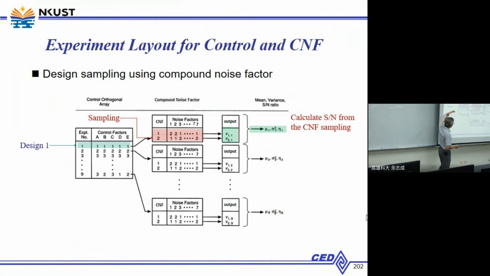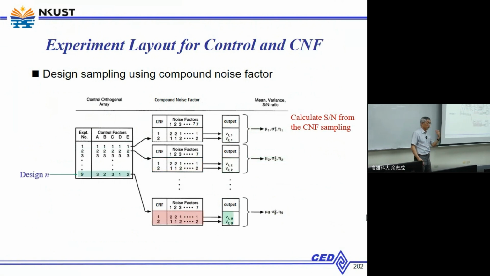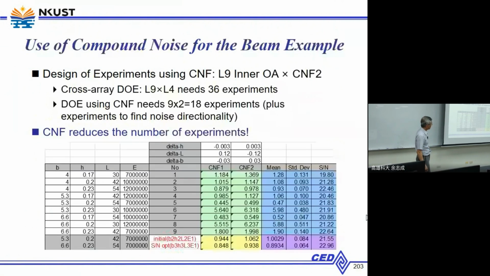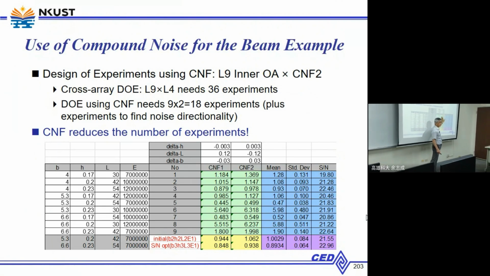Similar scheme, we can go through each step, all right? Go through each design, and we can get all the SN ratios, like what we did in the previous inner-outer array combination. So this is the experimental array using compound noise. You only have 2 combinations, and you can get the SN ratio.